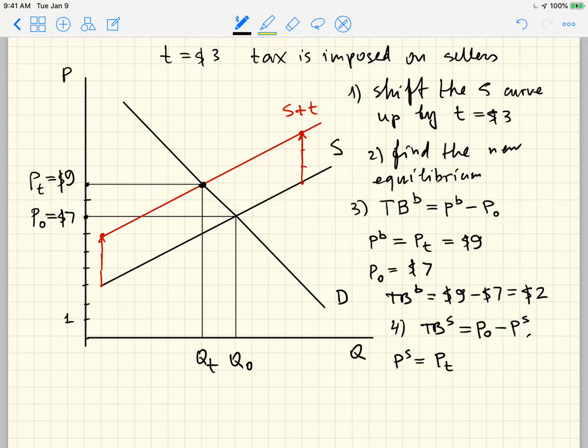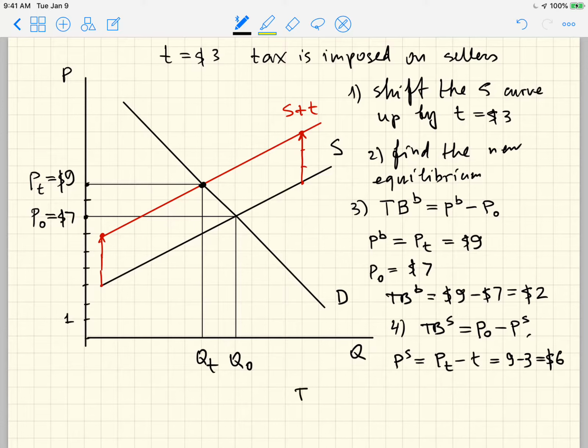They also have to give government the tax, the per unit charge. So we need to subtract T from PT. So it's 9 minus 3, which is $6. Price received by sellers after the tax had been imposed. I hope it makes sense.